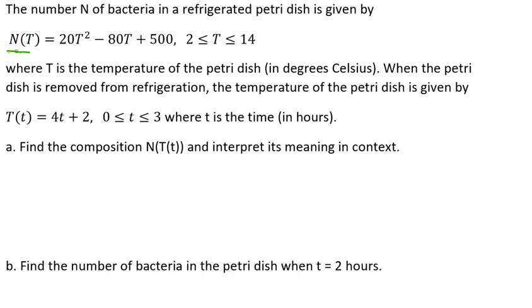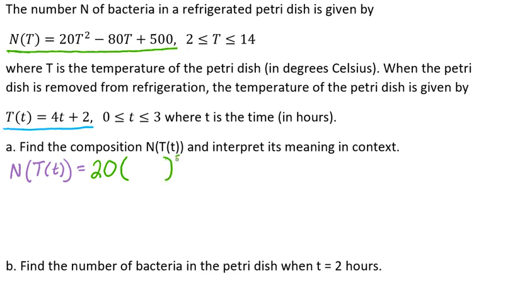So here is our N(T), and here is our T(t). In order to compose N(T), we're going to begin by writing our N, and everywhere we come to a capital T, we're going to leave a space to put in our value of T(t), which is 4t + 2.